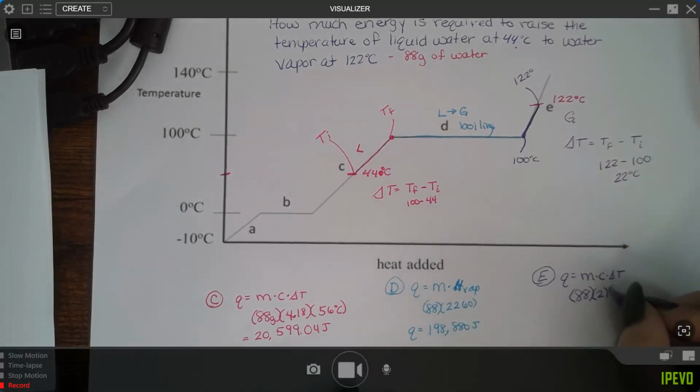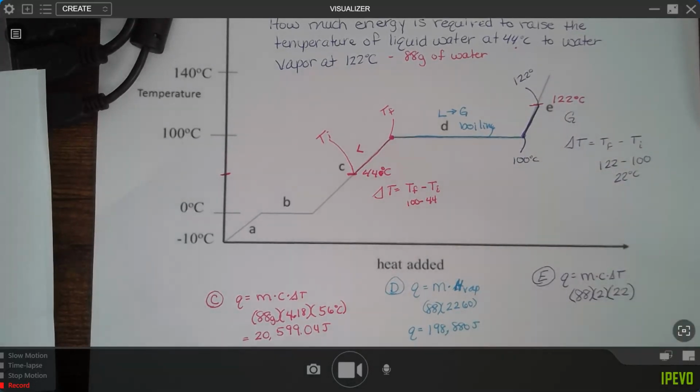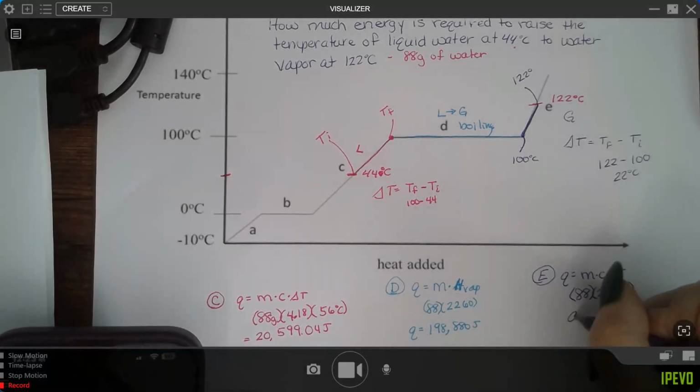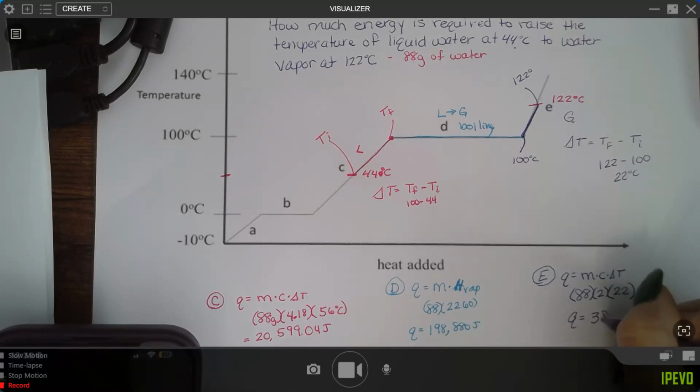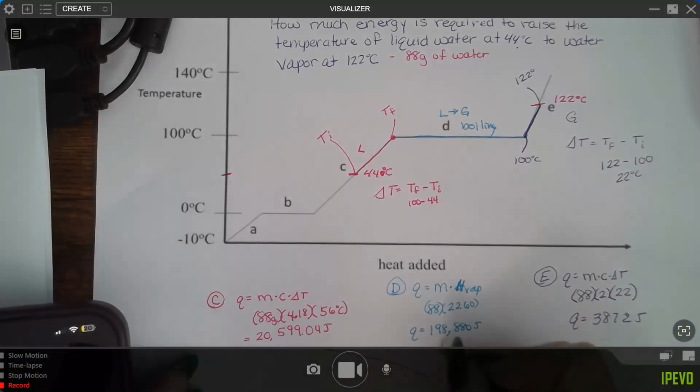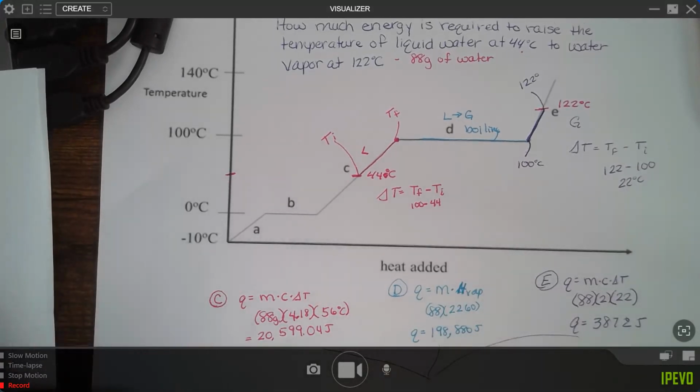I'm going to plug that in and multiply 88 times 2 times 22. I'm going to get Q is 3,872 joules.